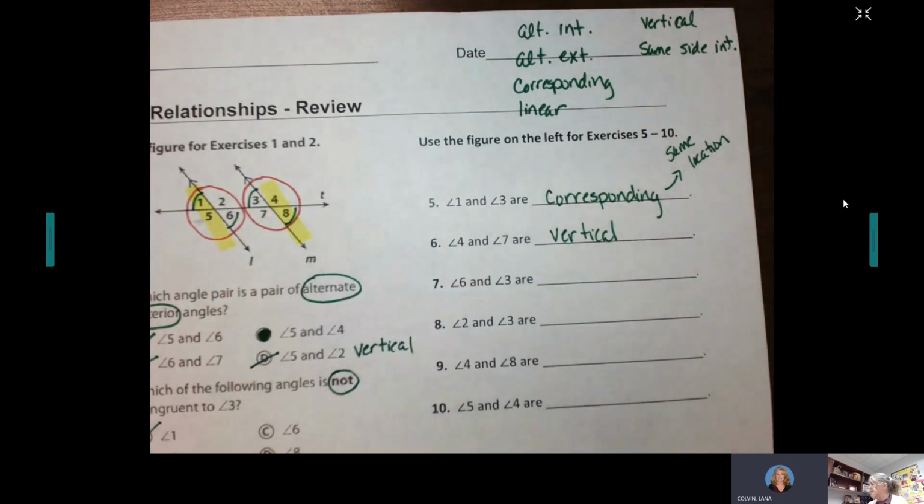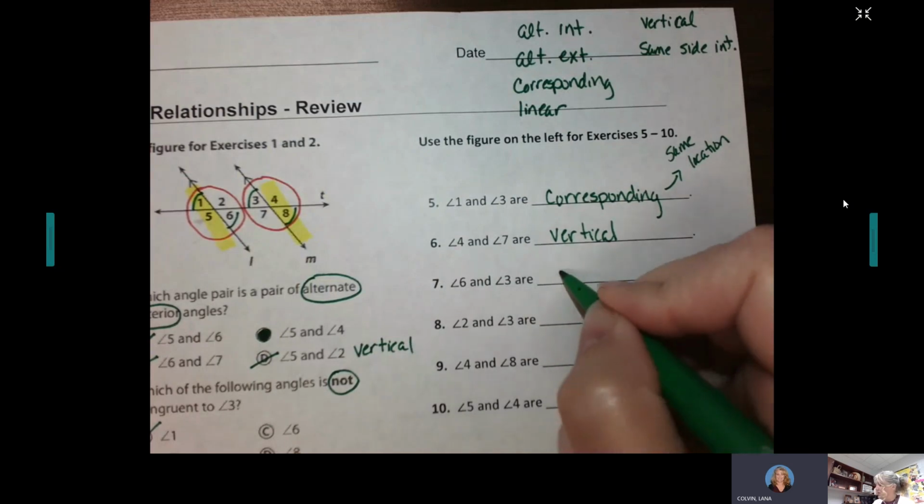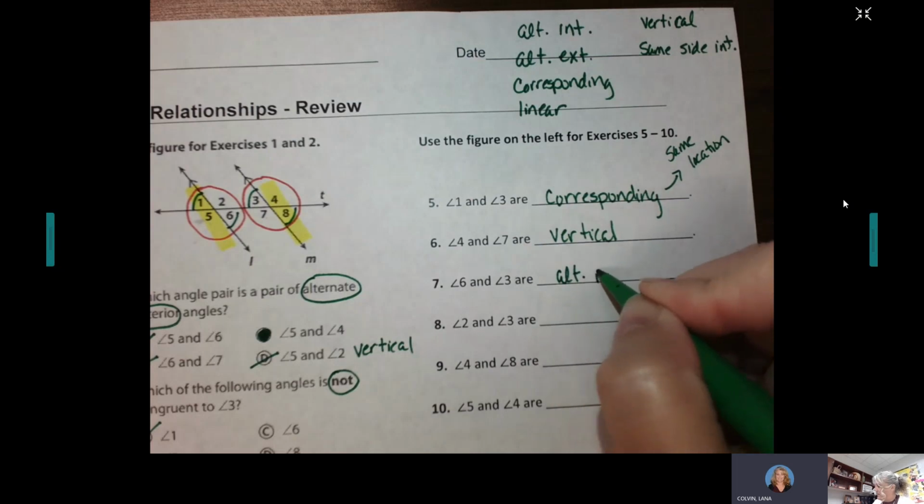What about 6 and 3? They're alternate interiors.